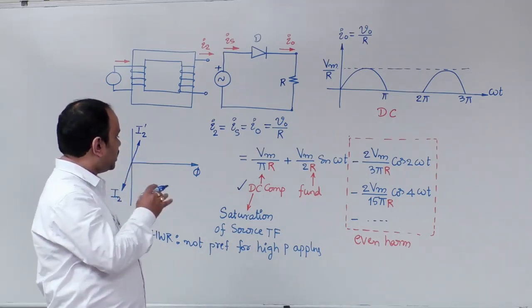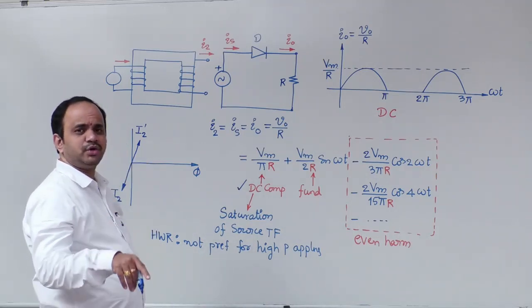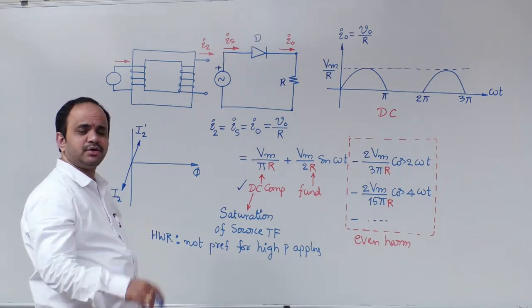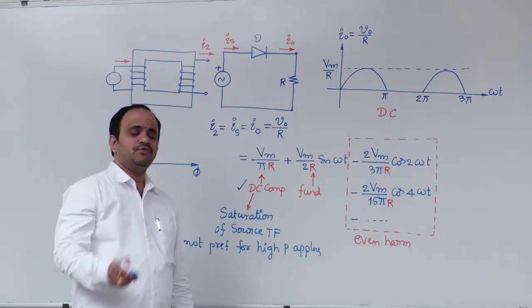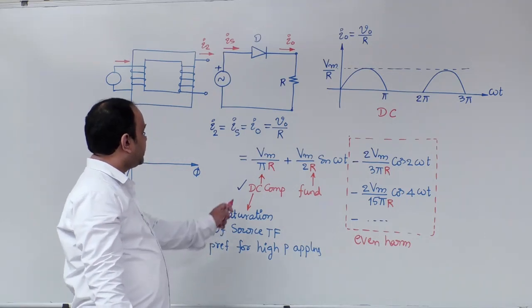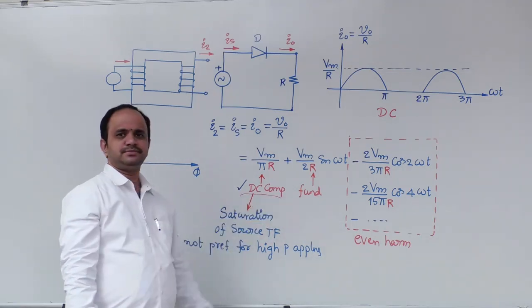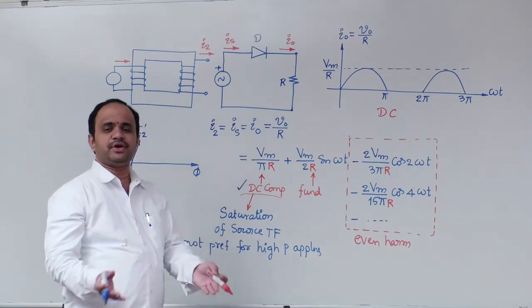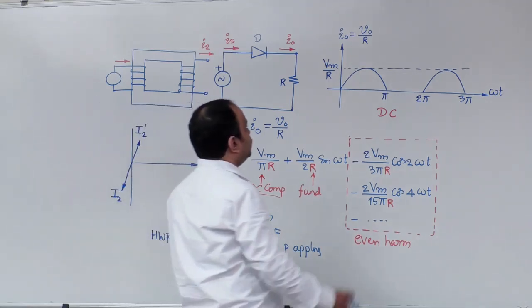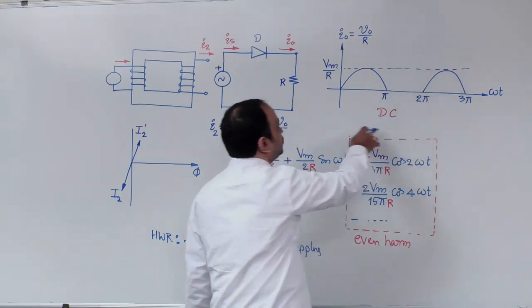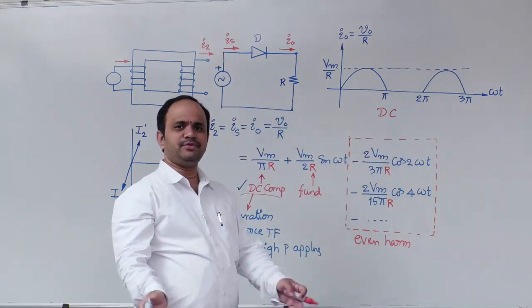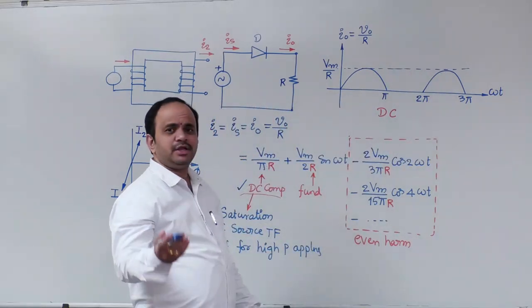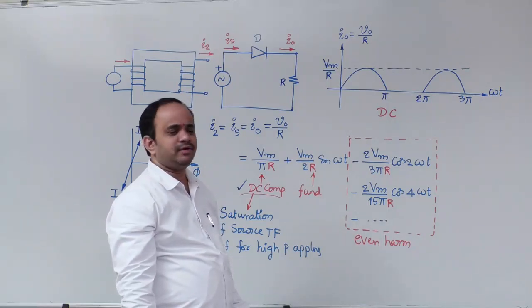Therefore, in order to avoid that, what you need to do? To use the rectifier circuit in high power applications, we should eliminate this DC component. Elimination of DC component is nothing but you make the area under the waveform 0, then DC component will be 0.